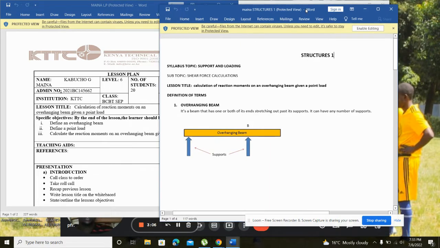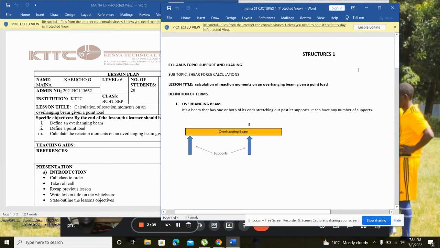Class, on objective number one, we are going to define an overhanging beam. An overhanging beam can be a single or double overhanging beam. When we say overhanging beam, just like it sounds, it extends beyond its end point.